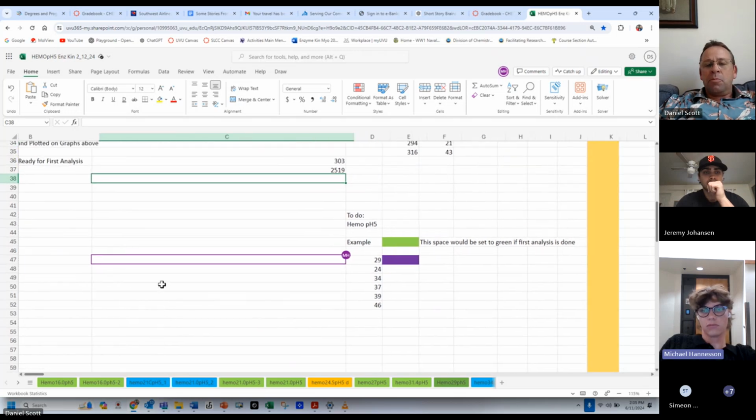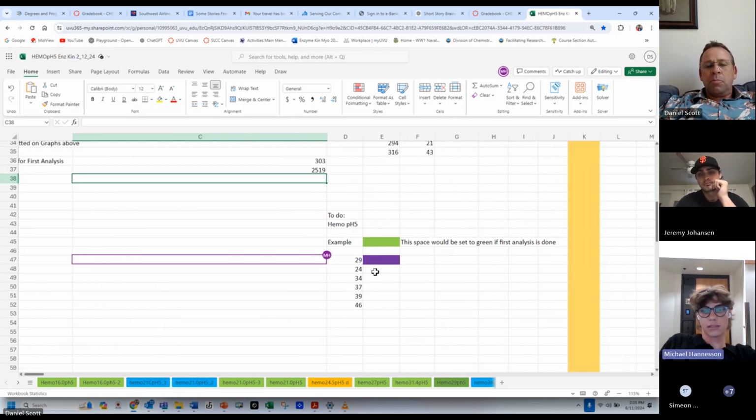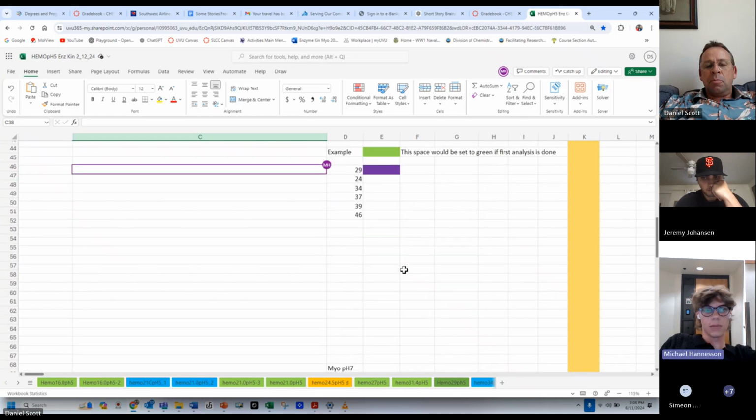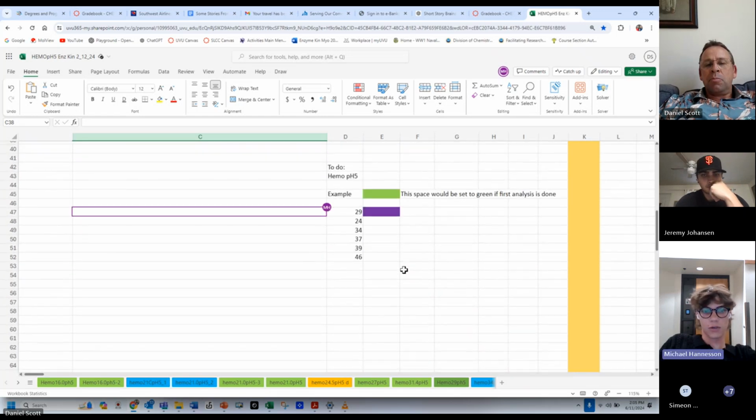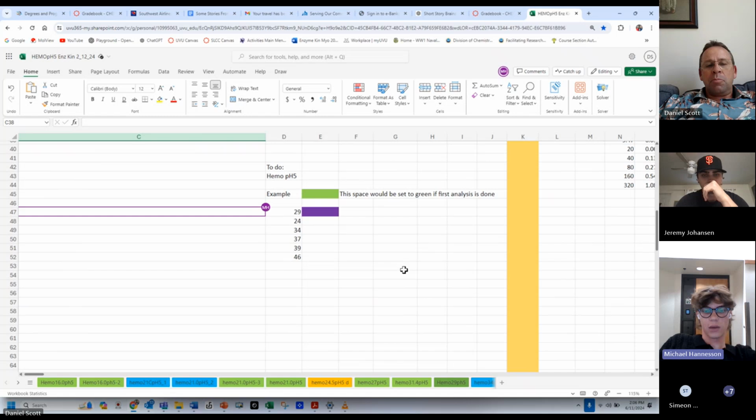Then you would analyze it, the first analysis, and mark it as green, and so on. If there's a problem with the data, it's yellow. And same thing with the bottom. On your tab, you would mark your tab the same color, so we know also that it's ready to be moved on to the next stage.